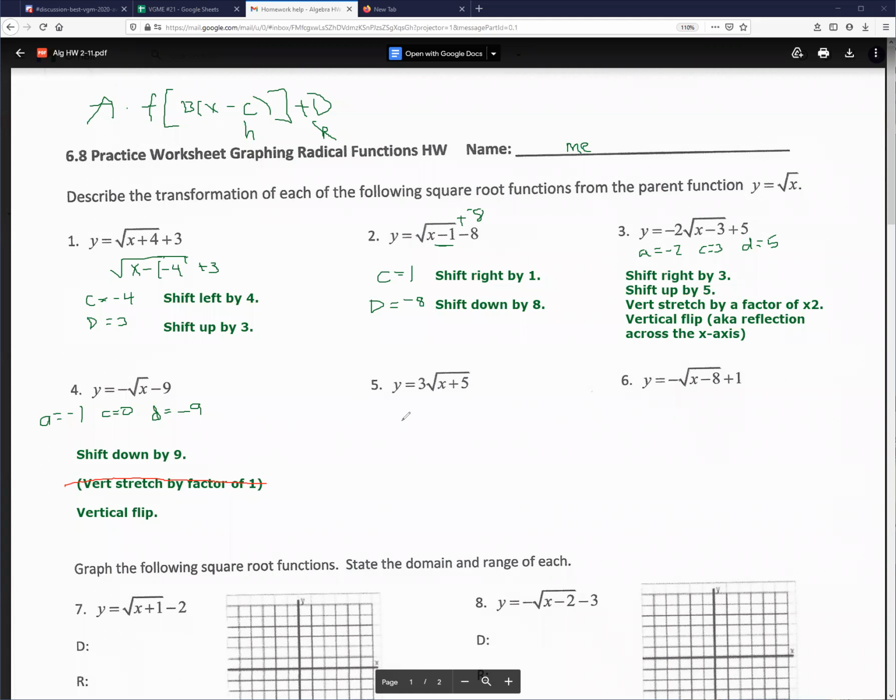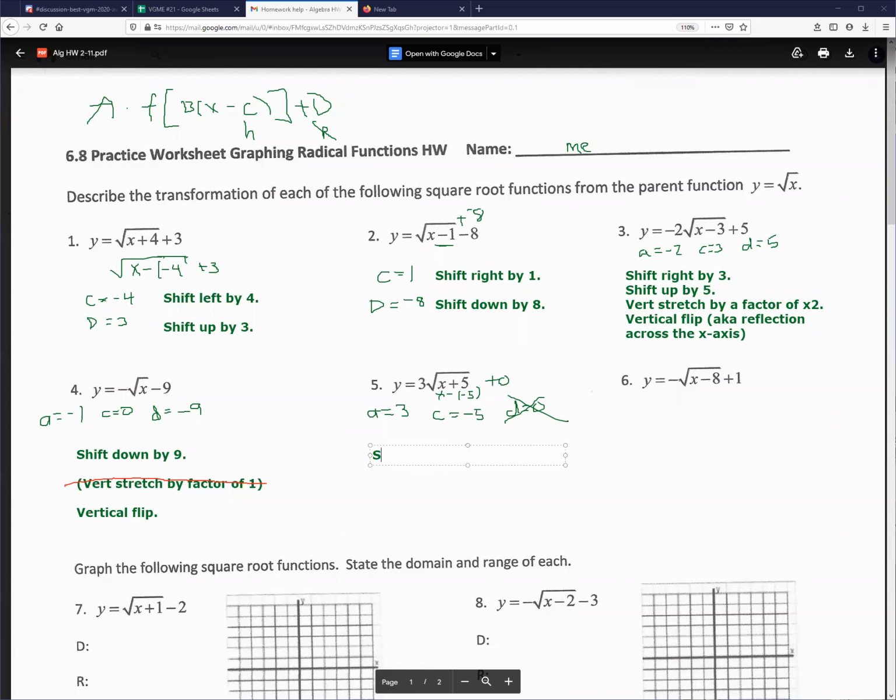All right, number 5. So we've got a lead number out front, that's the A. I'm going to treat this as x minus -5 because we need our number inside to be subtracted to make this work correctly. So C equals -5. And there's no number on the end here, so D doesn't exist, or it's just 0 if you prefer. All right, so let's interpret.